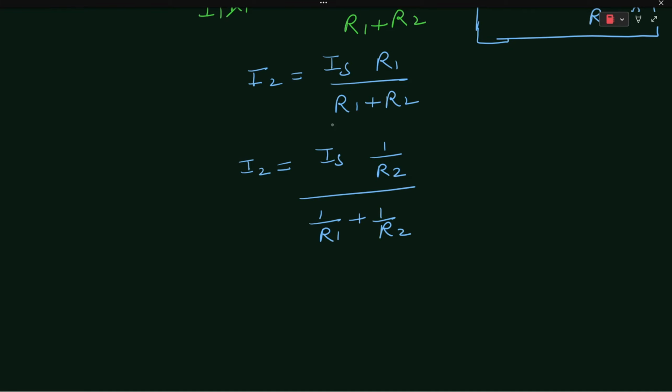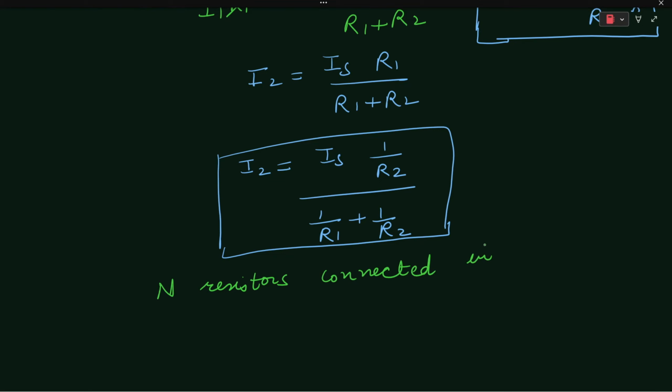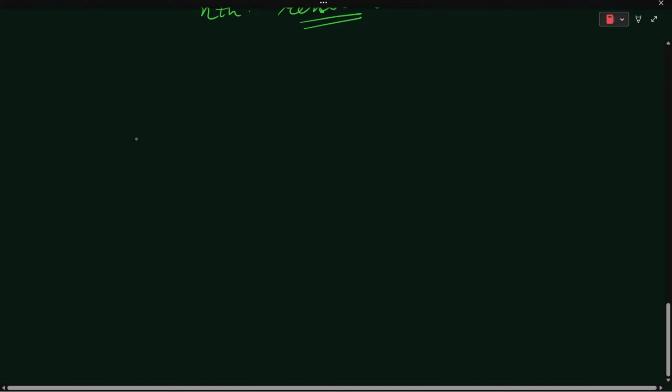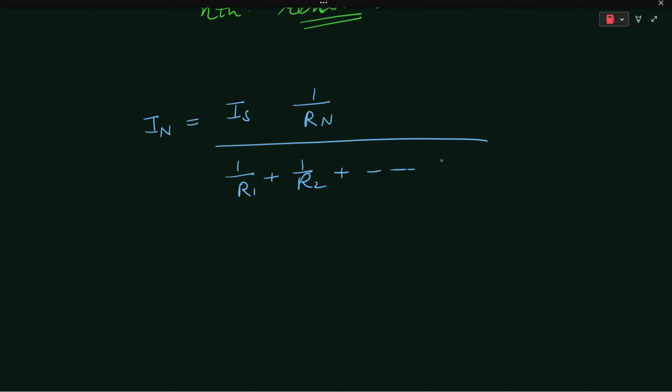From this equation, we can see that if an electrical network or circuit has n resistors connected in parallel, the current flowing through the nth resistor will be given as In is equal to Is into 1 upon Rn over 1 upon R1 plus 1 upon R2 plus so on, 1 by Rn.